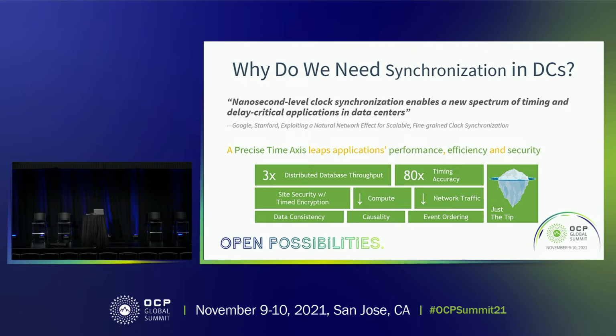We know that clocks have always been part of database systems. We use logical clocks, we use physical clocks. When we moved to physical clocks and got NTP synchronization to the range of a few milliseconds, we were able to improve some of the metrics and characteristics of the system.